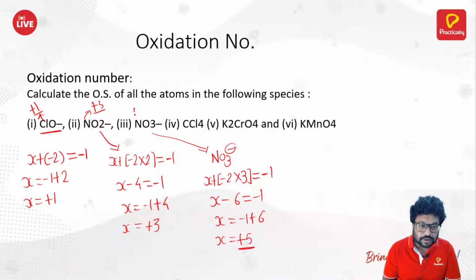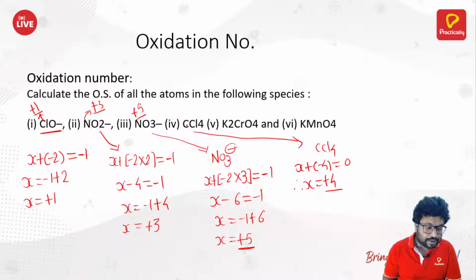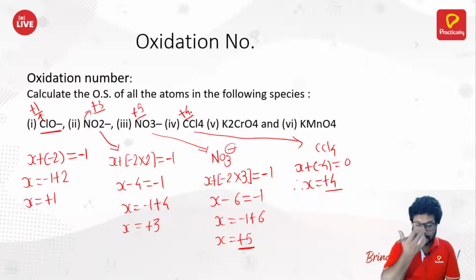That's the oxidation state of nitrogen in a nitrate group. Then you have CCl4. Now carbon's oxidation state we don't know. So X. Each chlorine is in a minus 1. So you have 4 chlorine atoms. So X minus 4 is equal to 0. And therefore X is equal to plus 4. So carbon's oxidation state is plus 4.